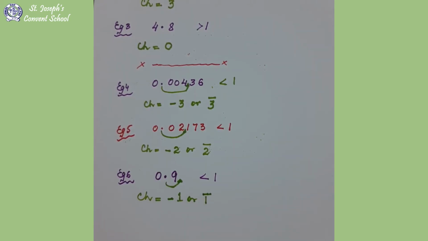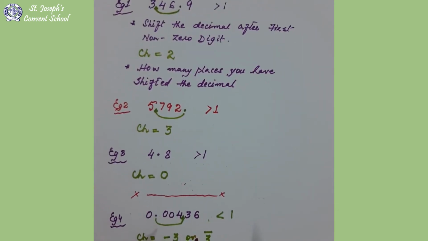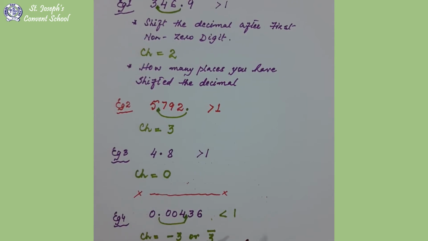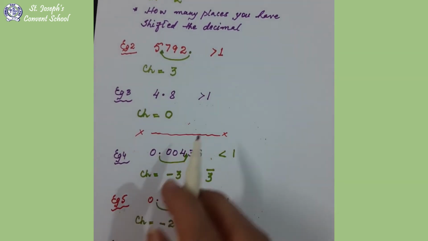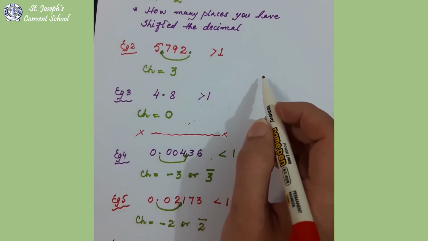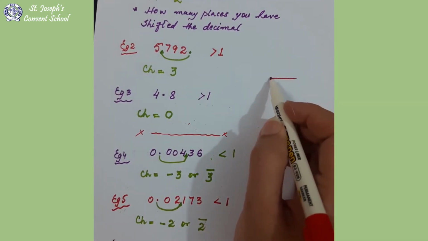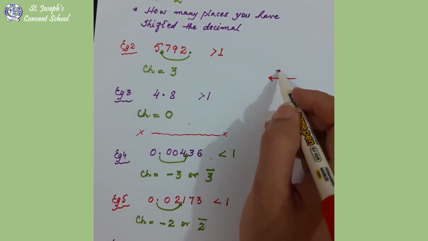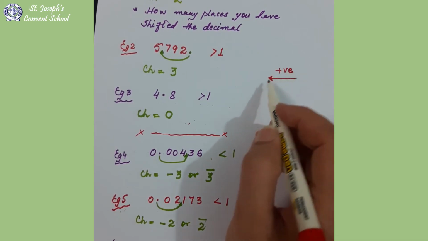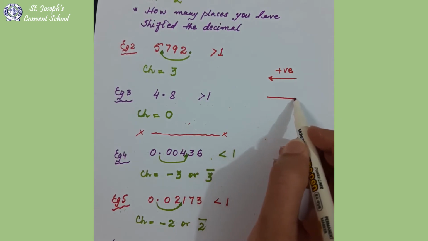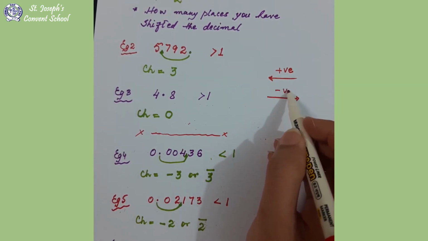So this is what you have to remember: when to write the minus sign and when you will get a positive 1. There is another easy way of finding the positive or negative characteristic. If you are moving the decimal towards the left side, it is positive, and if you are shifting the decimal towards the right side, the characteristic is negative.